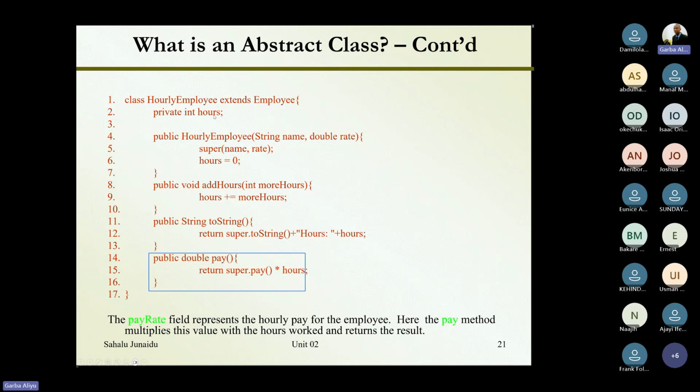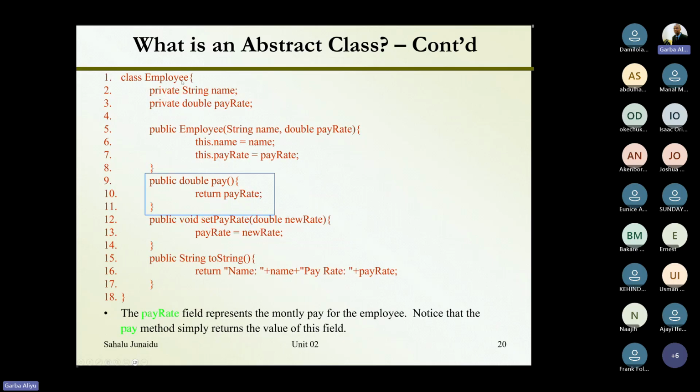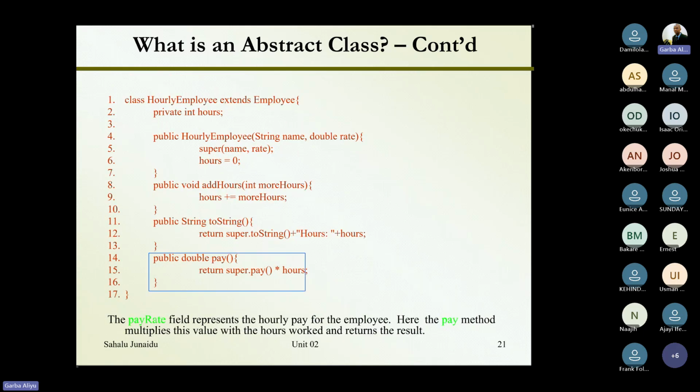This is why we have hours as an additional instance variable, different from that of Employee, because as far as Employee is concerned, we don't know whether it's an hourly employee or something else. The number of hours worked is not applicable to other types of employee, only to hourly employee.